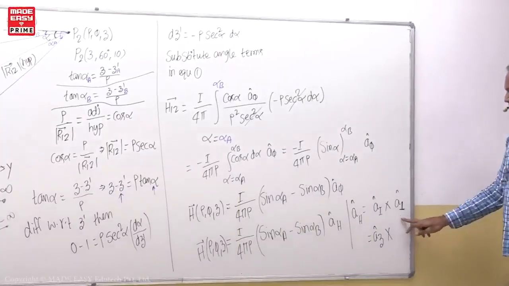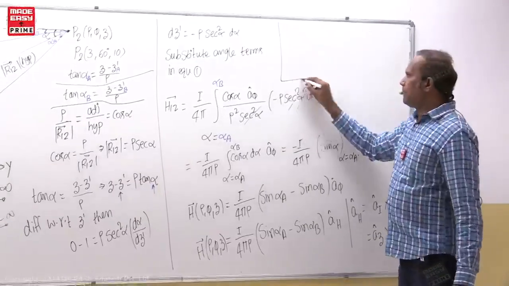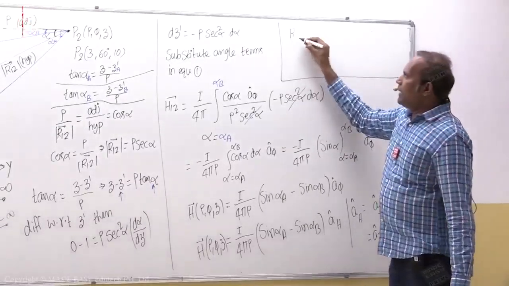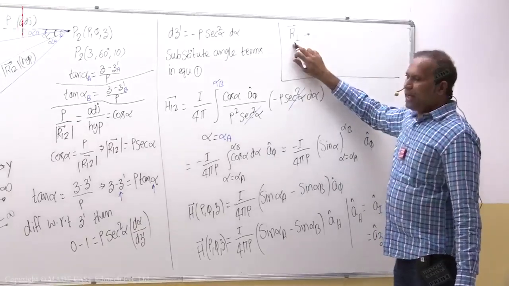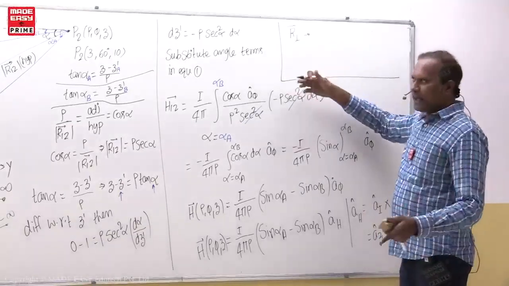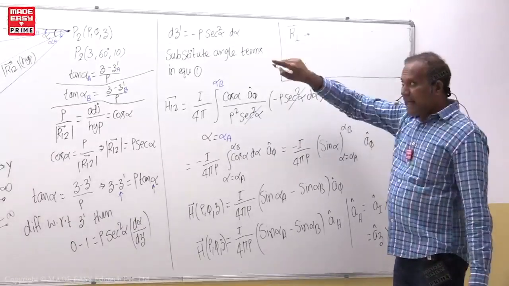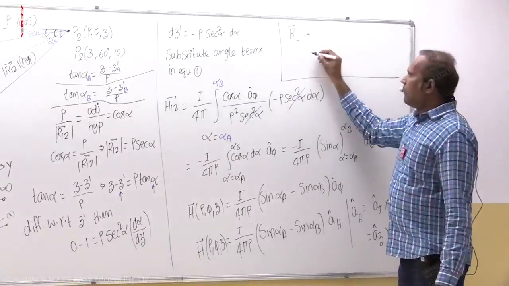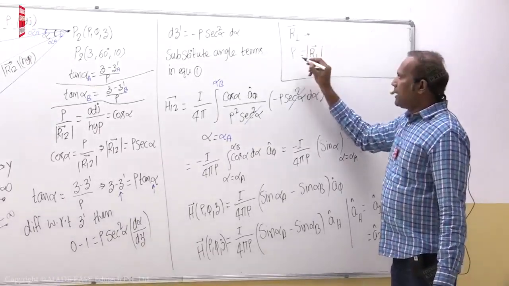Now what is A perpendicular? I will find the perpendicular distance vector. I will write this in the notes, I am just explaining now. This is the perpendicular distance vector from the current line to the field point. If I take the modulus of this, I get the perpendicular distance.